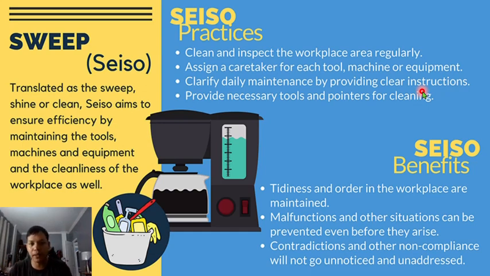If we do not maintain the cleanliness of the items or equipment, they will easily be damaged or destroyed. Number four, we need to provide necessary tools and pointers for cleaning. There are tools that can be used in cleaning the items, especially in the food and beverage department.